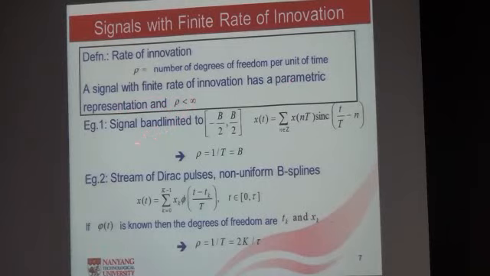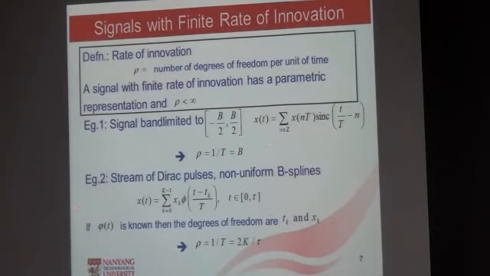Okay, it so happens that a band-limited signal, for instance a signal band-limited to the interval minus B over 2 to B over 2, in other words the bandwidth is B, is also a signal with finite rate of innovation, because you can perfectly recover it by taking a uniform set of samples that are twice the maximum frequency, right? So B samples will recover that signal. Okay, so here the rate of innovation is 1 over T, which corresponds to B.